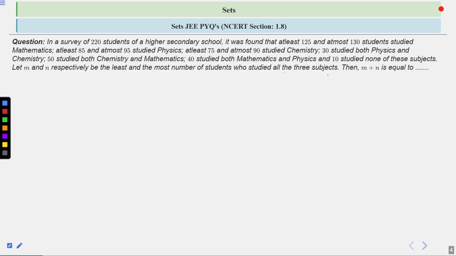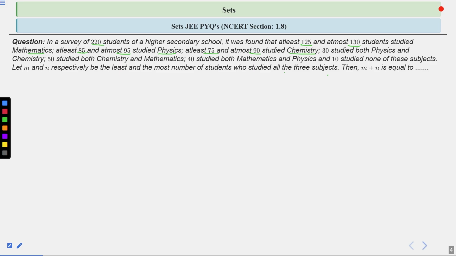So simply the question says that in a survey of 220 students of higher secondary school, it was found that at least 125 and at most 130 students studied mathematics, at least 85 and at most 95 students studied physics, and at least 75 and at most 90 students studied chemistry.